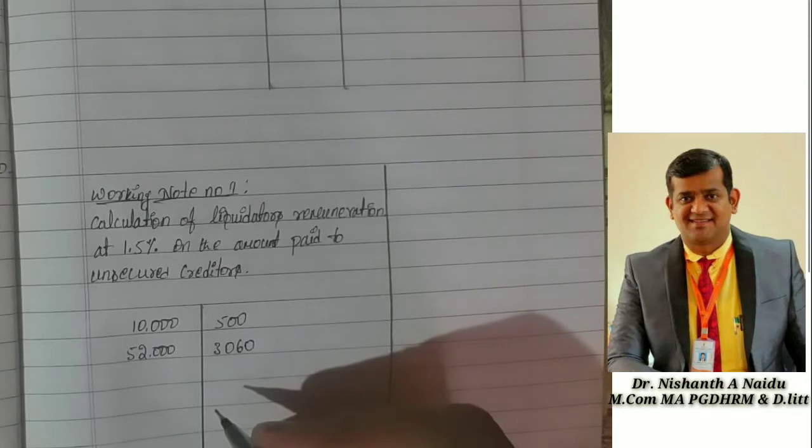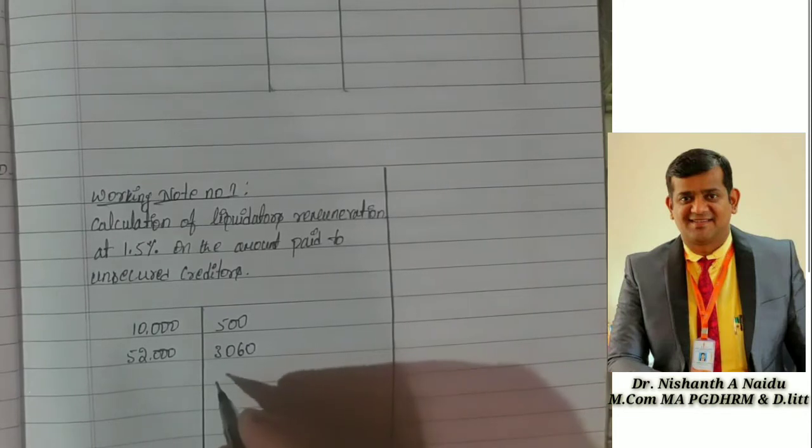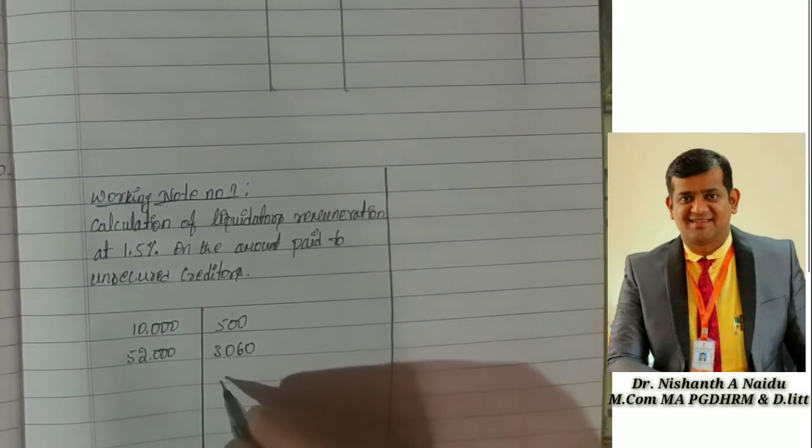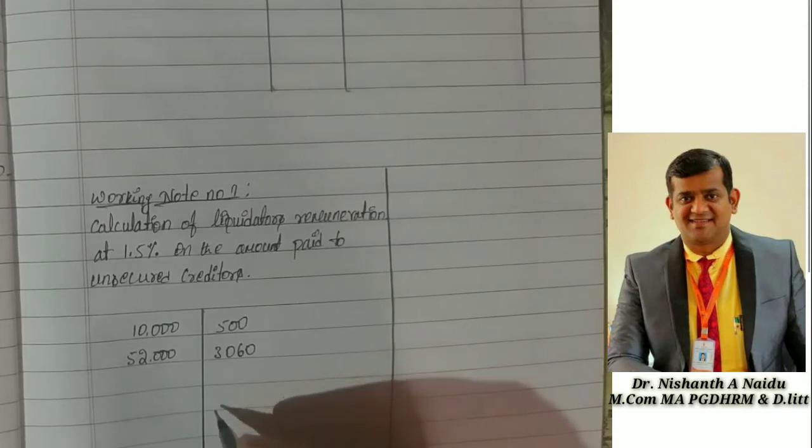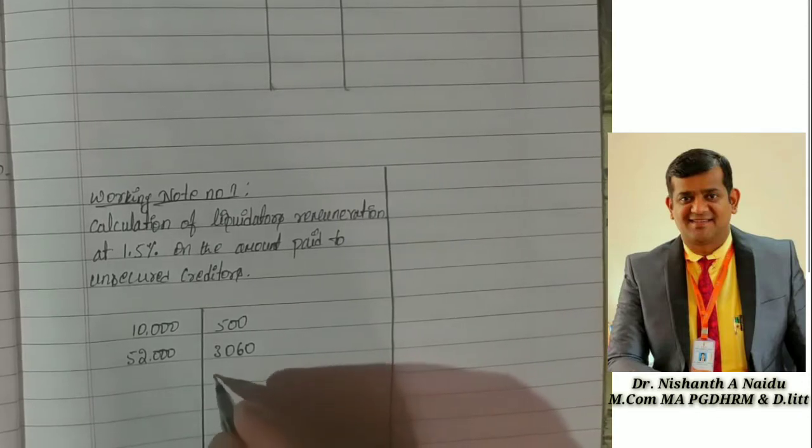So apart from that, whatever we do have, even preferential creditors is also considered as unsecured creditors. So that I have taught you in the theory notes, correct? So now do we have preferential creditors? Yes. That is preferential creditors of rupees 1,200. So we have to pay an amount to preferential creditors, that is 1,200 rupees.